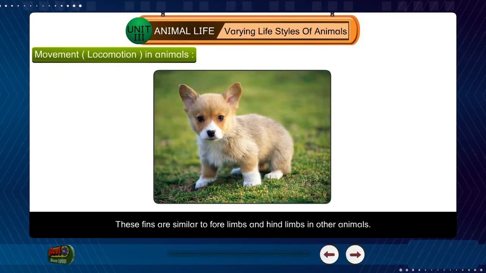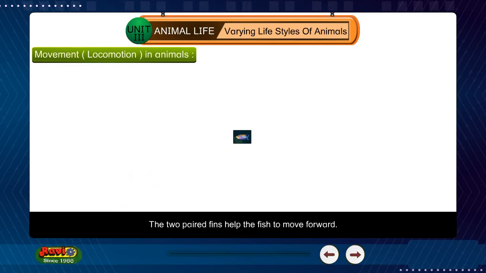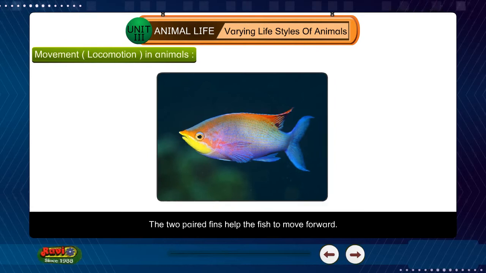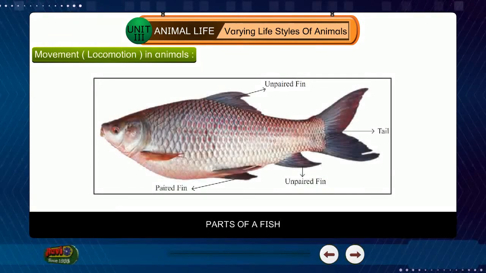These fins are similar to forelimbs and hind limbs in other animals. The two paired fins help the fish to move forward. The unpaired fins maintain balance and the tail fin helps to change direction. Parts of a fish.